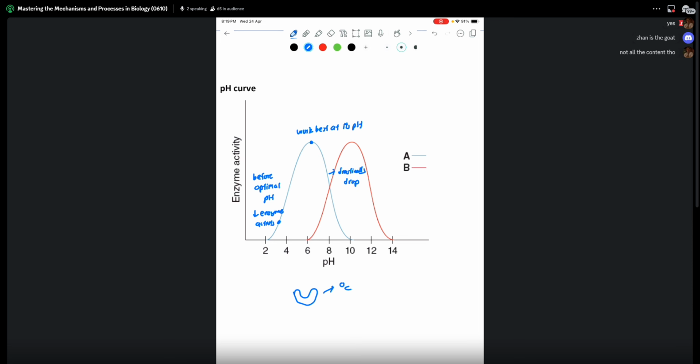The second factor is pH level. Our enzymes are also very sensitive to pH. So when the pH changes, the bonding in the protein will start to break down. When it starts to break down, the whole shape of the active site begins to change, and the same concept applies: it cannot be exactly complementary.